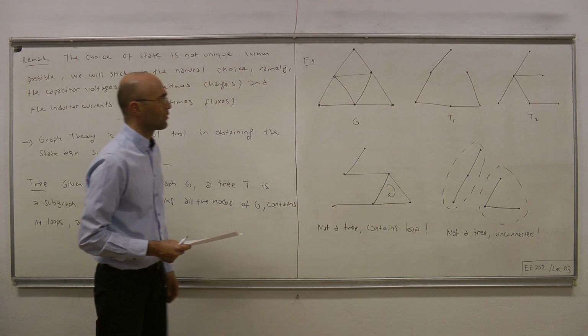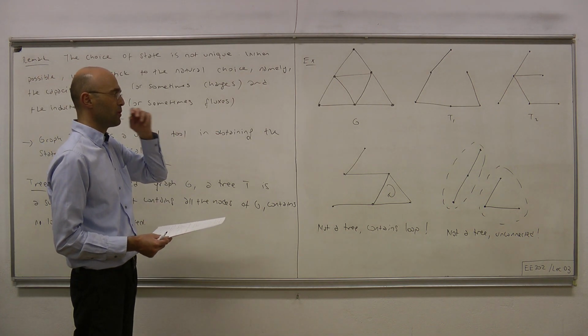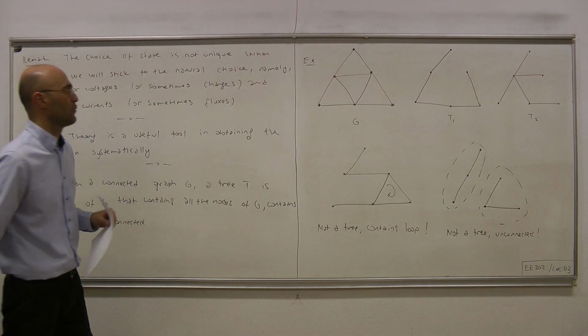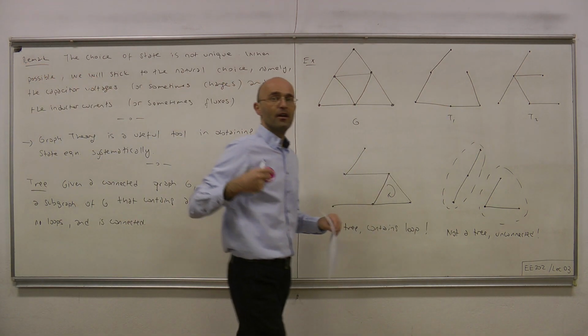Okay, so it's quite clear what we mean by a tree. It's quite a visual definition. So let's move on to what remains once you pick a tree, which is called a cotree.